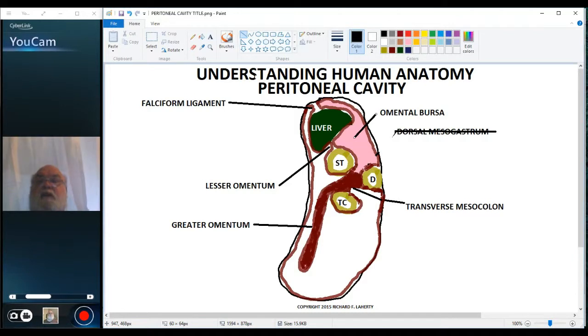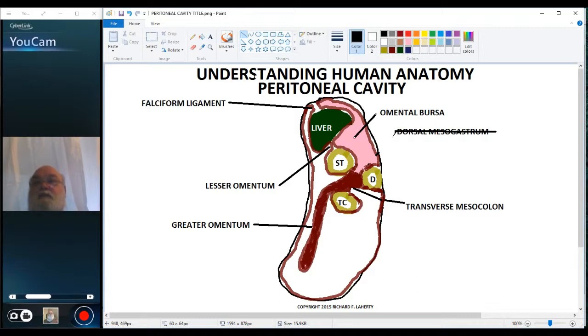One should also realize that the greater omentum doesn't just hang there, it can move. It moves slowly, but it does move. And one of the things the greater omentum will do is, if there is damage to the wall of the digestive tract, the greater omentum will move to that spot and attempt to plug it up.